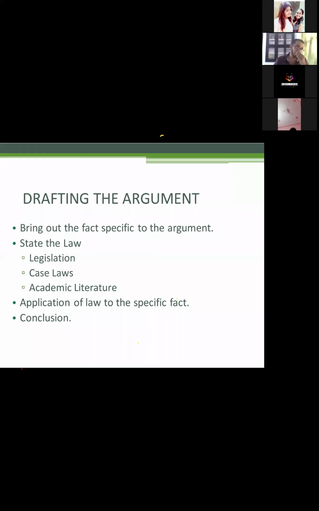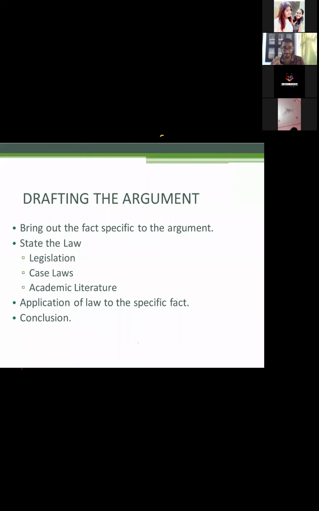You will have to keep on editing. You move on with your research and you find something else, or you find that what you wrote in the first instance was not correct, or there might be some other case law which is more important. So both of this, drafting and researching, have to go hand in hand. Only then will you be able to chisel out the best possible argument.